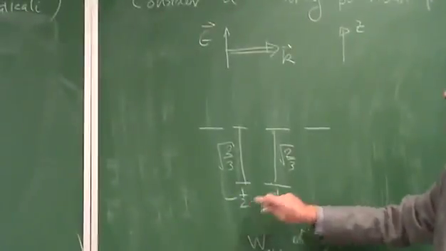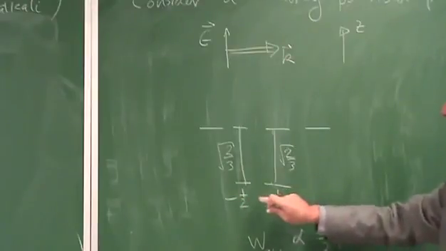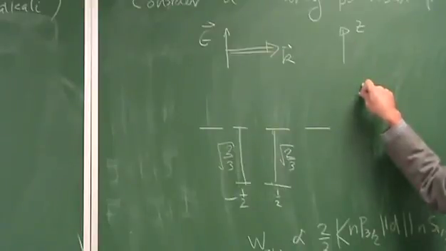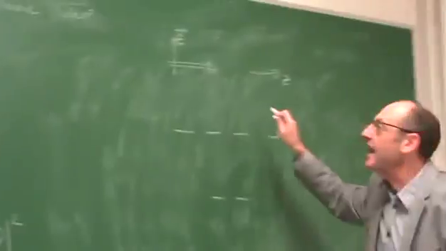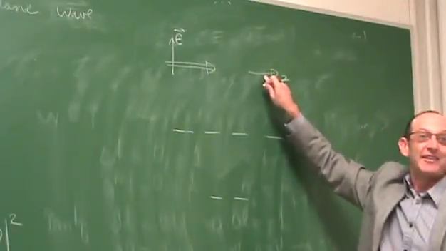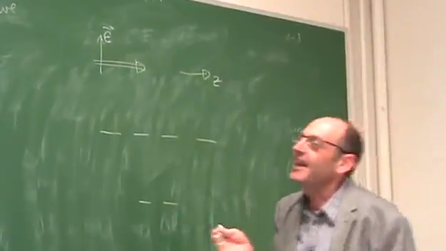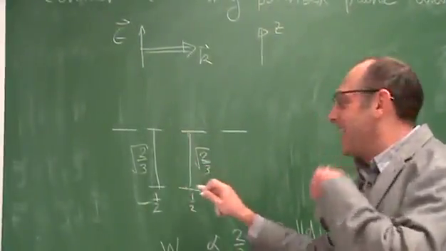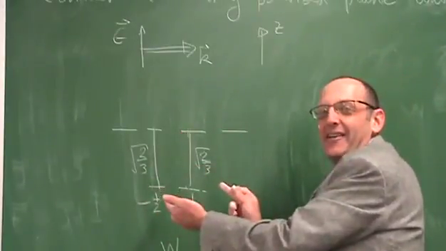When I call this plus 1/2 or minus 1/2, I mean the atom has its projection spin up or spin down along this direction. So spin up and spin down along this direction are not the same as spin up and spin down along this direction, right? I'd have to do a rotation to do that. However, in this case, it doesn't matter, because the absorption rate was independent of whether it was spin up or spin down.